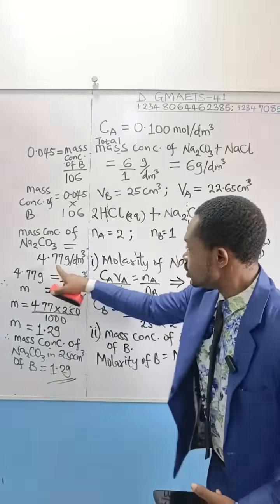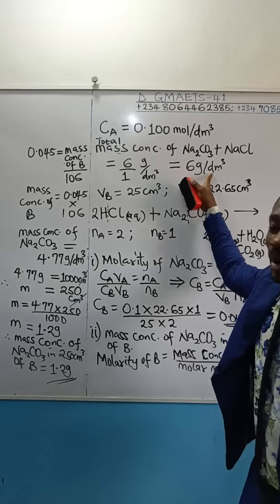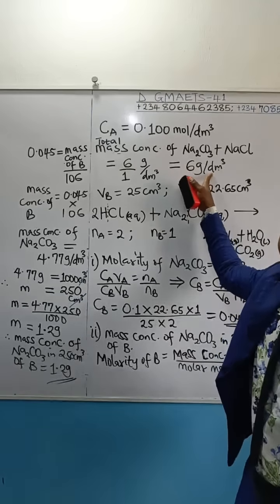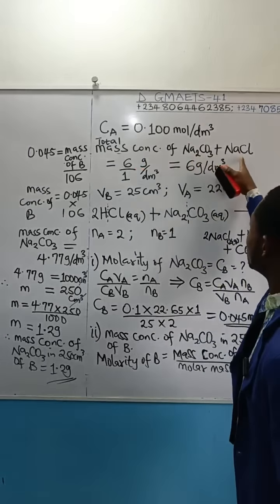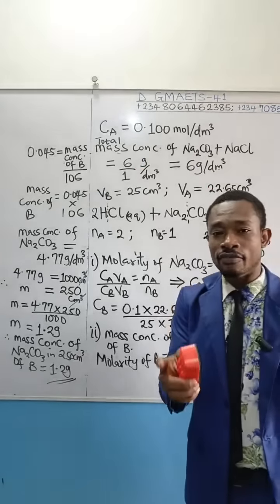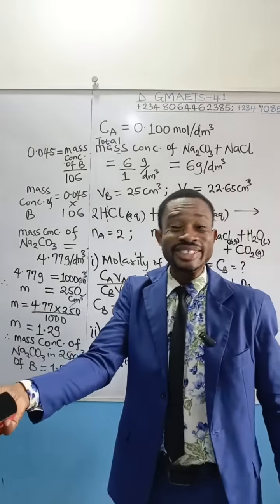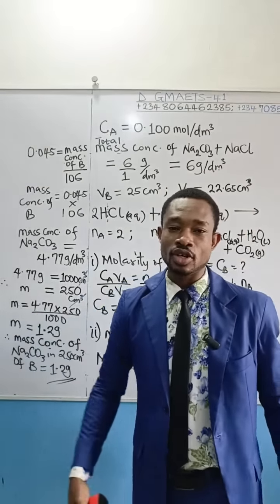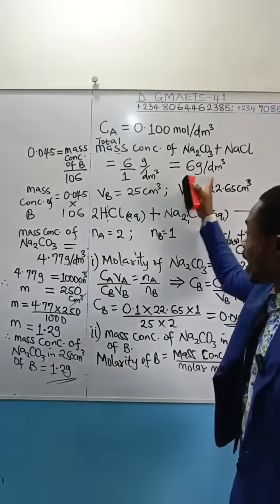So this is what you should know. This calculation made here is per dm cube, not per 250 cm cube. Because the question said that this total mass, 6 grams, the mixture of sodium carbonate and sodium chloride, 6 grams of it was contained in 1 dm cube. So this unit agrees with this.